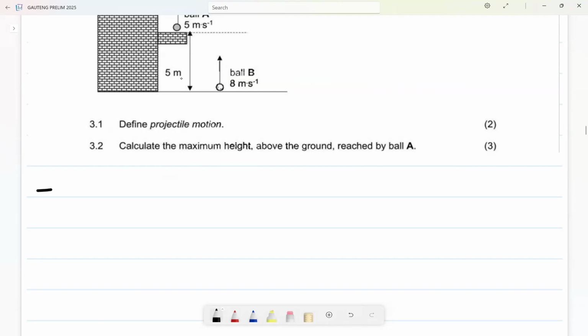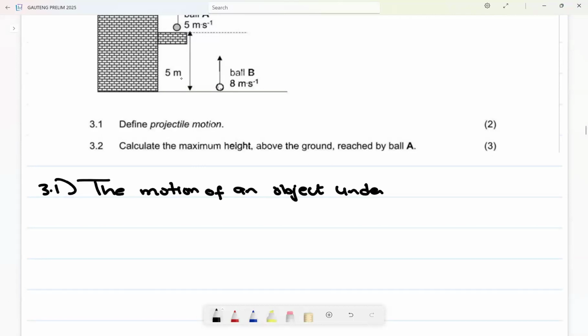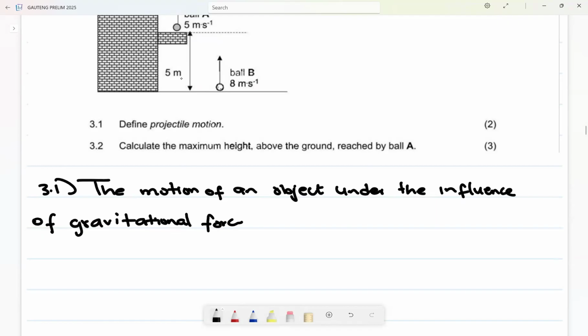Projectile motion, it is the motion of an object under the influence of gravitational force, or not gravity, of gravitational force only. So this is your definition.